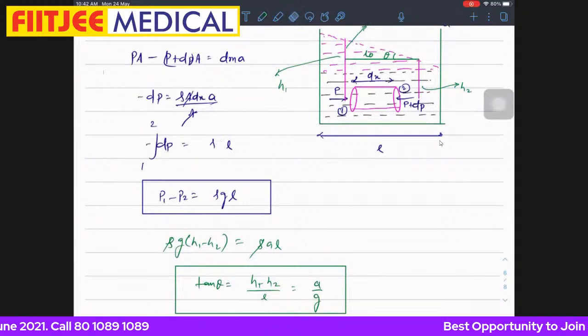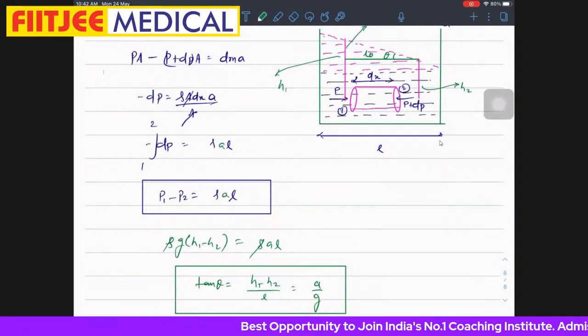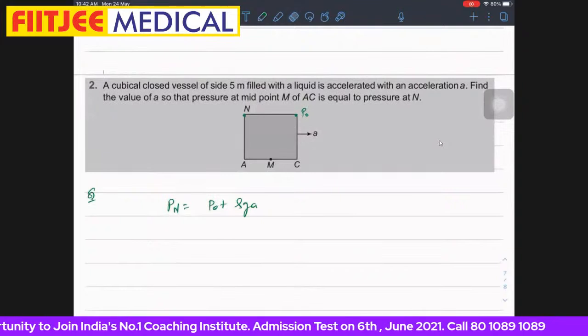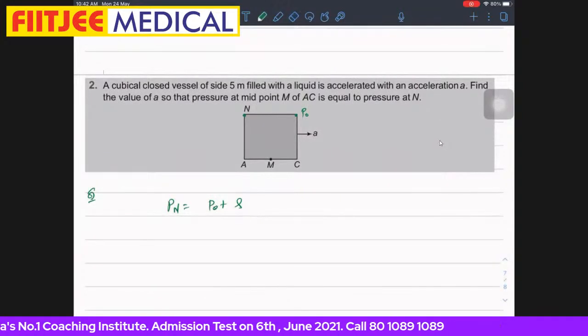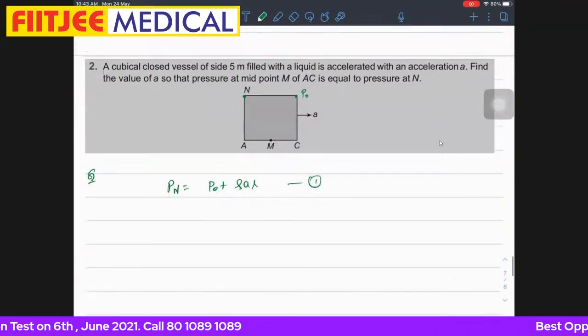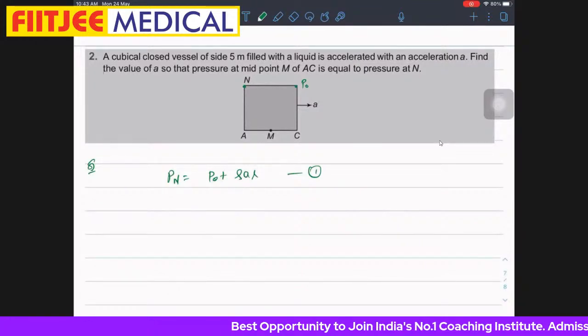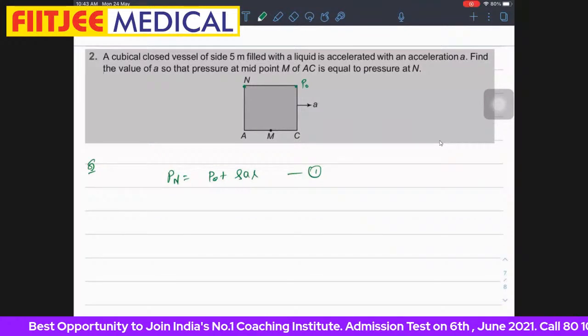Oh wait, here it was supposed to be A, L, L. So P1 minus P2 equals what? Rho A L. So that's what I have written here, rho A into L. So this is equation 1. Then they are saying find the value of A so that the pressure at midpoint M of AC is equal to the pressure at N. So for midpoint M, what will be the pressure?